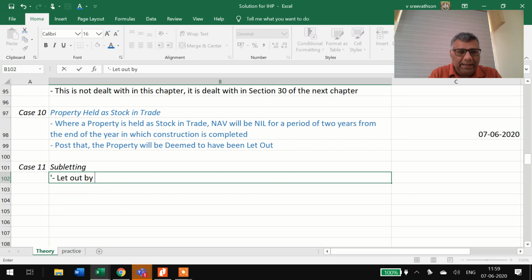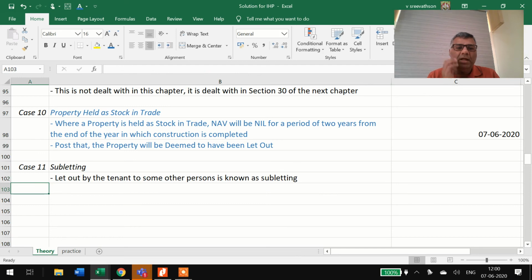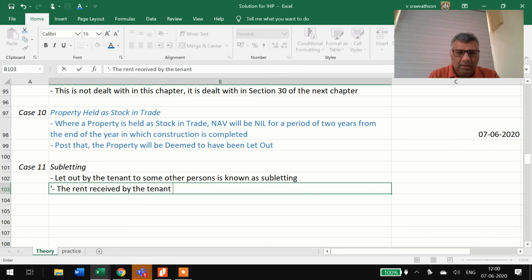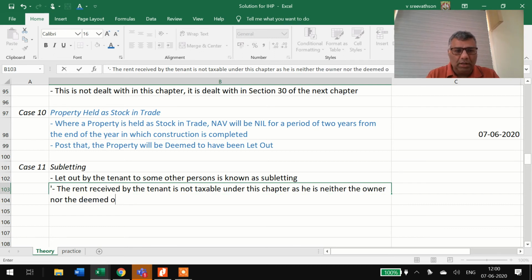Letting out by the tenant to some other persons is known as subletting. The rent received by the tenant is not taxable under this chapter as he is neither the owner nor the deemed owner of the property.